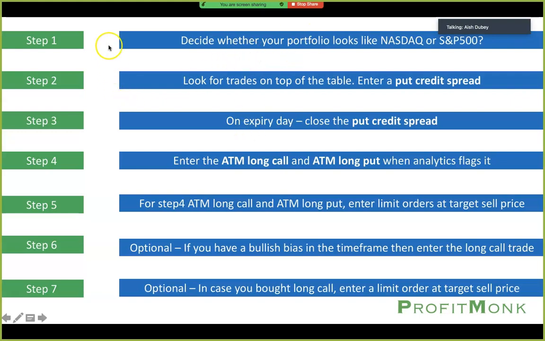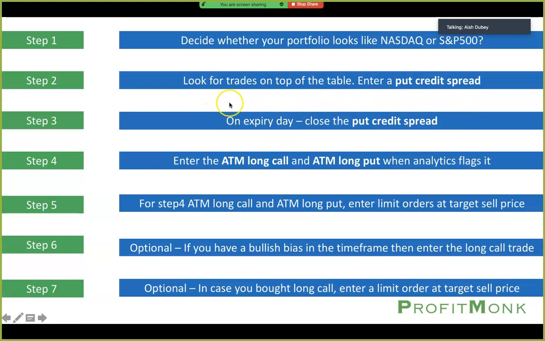Okay, so let's go forward. Basically, it's nothing but a 6-7 step process, and actually you just have to execute the top 5 probably. First is decide whether your portfolio looks like Nasdaq or S&P 500. Look for trades on top of the table on the web page. Enter a put credit spread, and on expiry day you have to close the put credit spread.